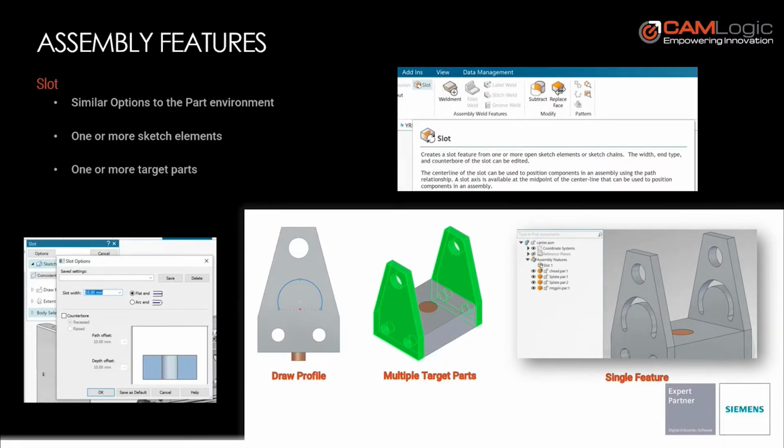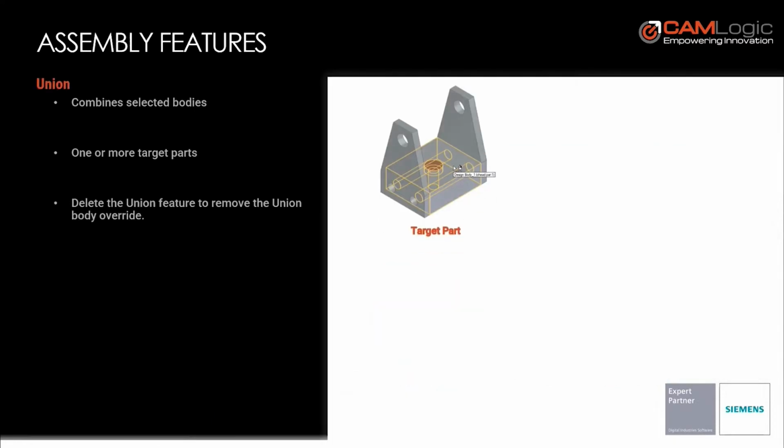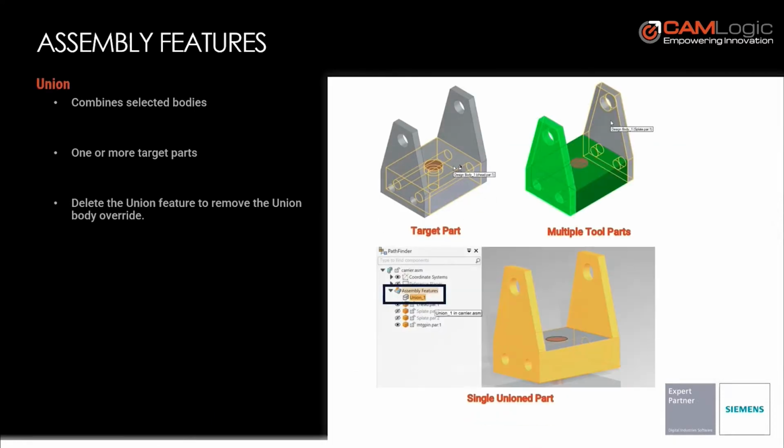You can use one or more sketch elements, and just like the previous command, you can do it with one or more target parts. And then one of the last ones here is this union command. This takes multiple parts from your assembly and then combines them into one component. So you have one body with all of the selected components.